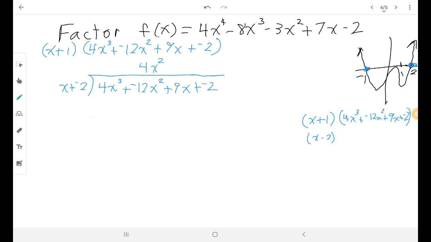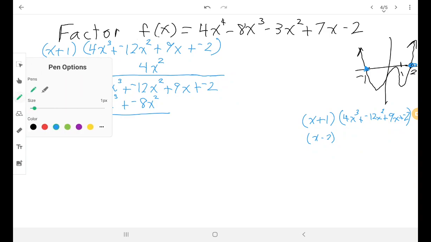Notice that I'm putting the terms above their matching terms. I'm putting the x squareds above the x squareds. Not everybody does that, but I do that. It helps keep me a little more organized. Then I've got to take this and distribute it to both of those and put that underneath. So 4x squared times x is 4x cubed plus 4x squared times negative 2 is negative 8x squared.